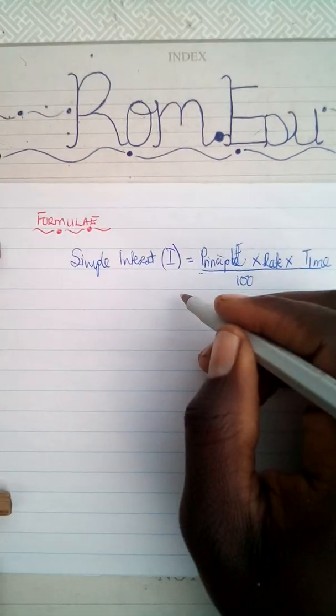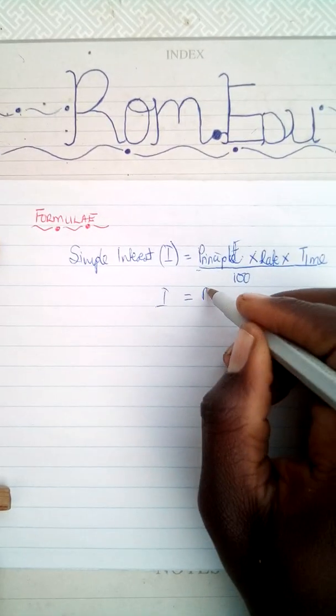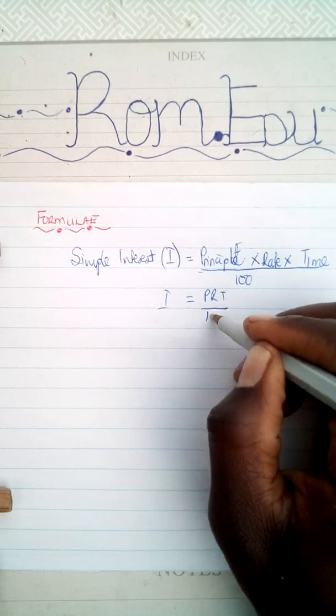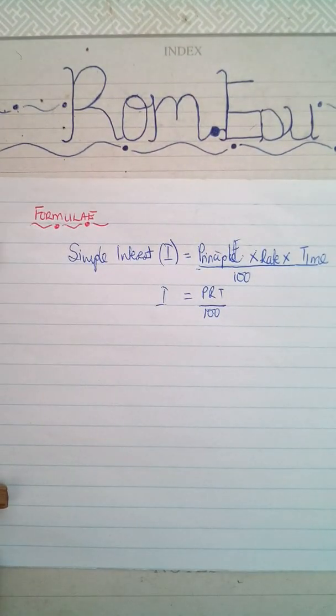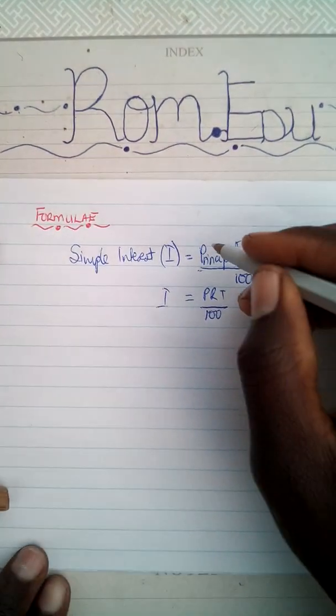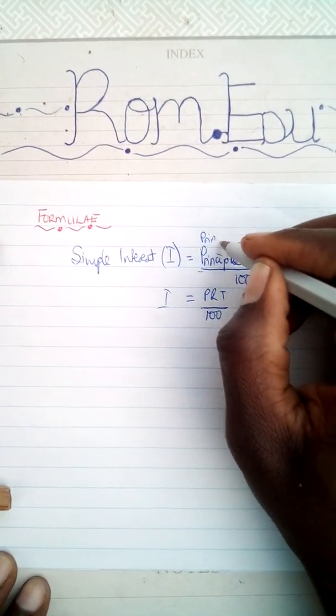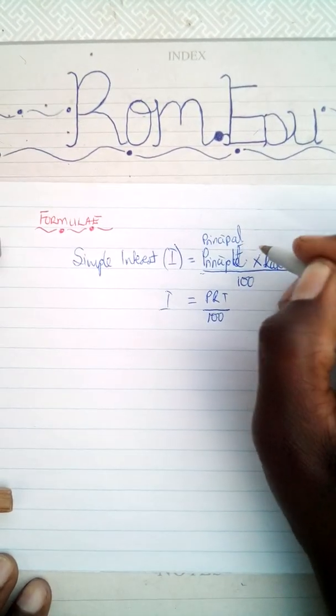In short, I is equal to PRT over 100, where P is the principal. Sorry for the spelling.